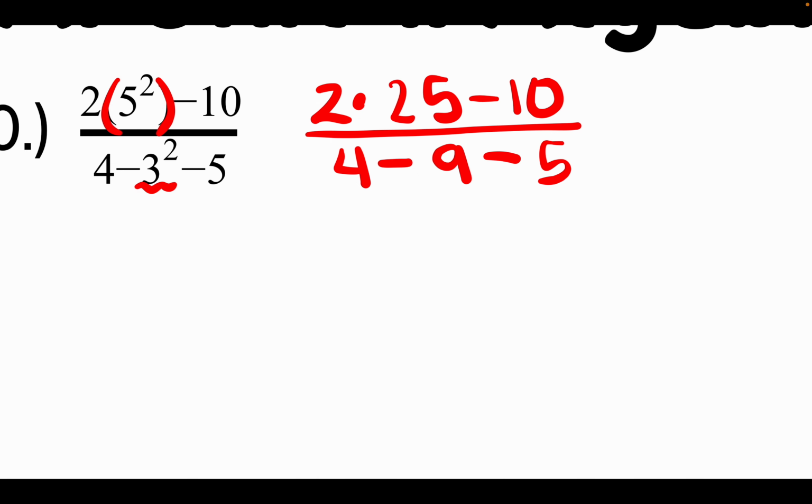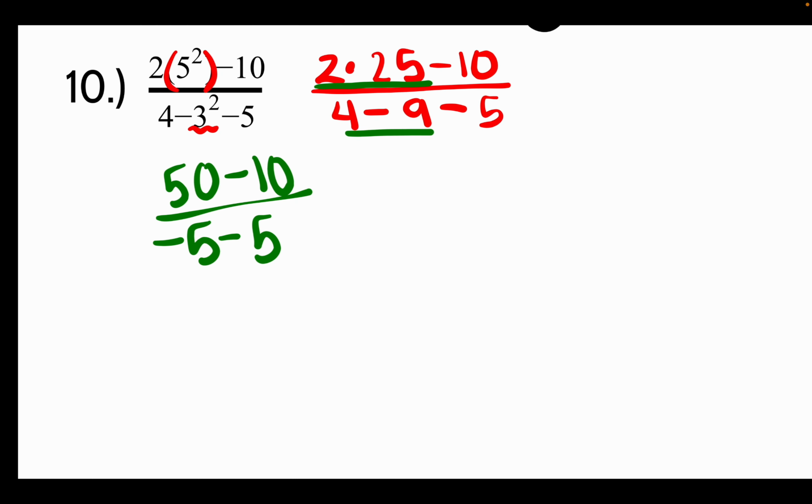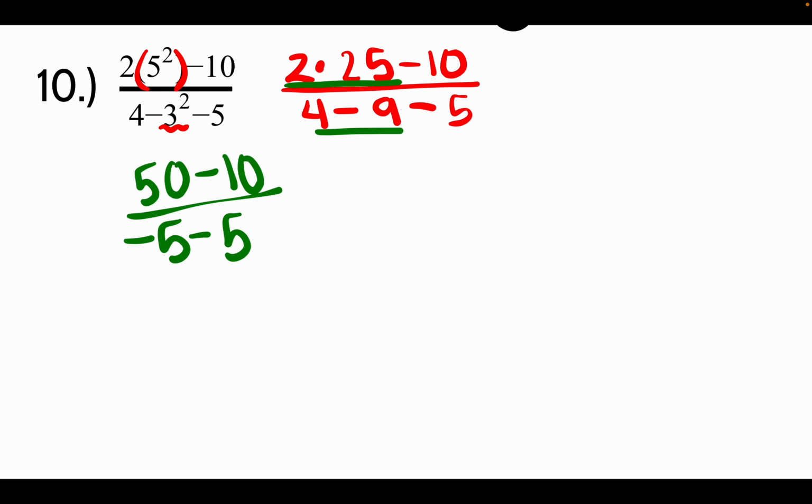Now we're going to do our multiplication. So on the top, we're going to do 2 times 25, so that's 50 minus 10 over, and then we'll do one thing on the bottom, 4 minus 9, negative 5 minus 5. Now we'll do one more thing, so 50 minus 10, that is 40.